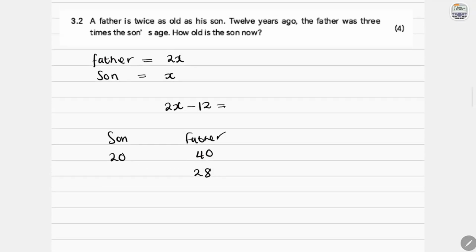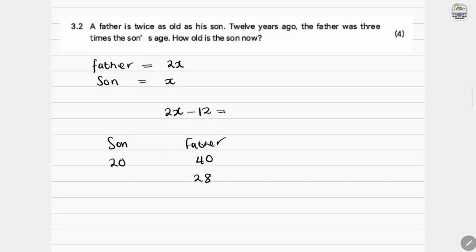And so what we would have to do is actually think about this logically. So logically speaking, 12 years ago, right? If the father is 2x minus 12 years old, then the son would also age back 12 years. So the father would be 2x minus 12, and the son 12 years back would be x minus 12.